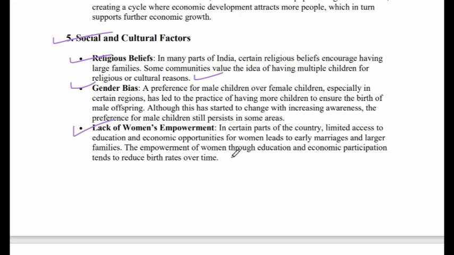When women are educated and have the opportunity to participate in economic activities, that would help reduce the birth rates over time.